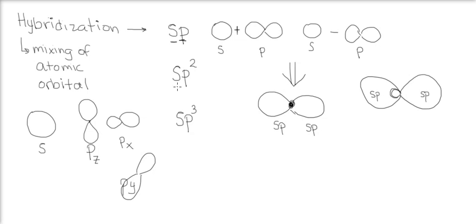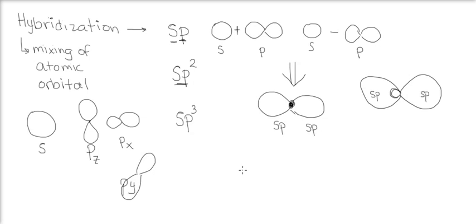With sp2, the difference is that now we're going to be adding an additional p orbital, either the py or the pz. Again, it really does not matter which one you choose. But the point is that when you mix s and p orbitals together to get sp2, we're going to end up with 3 sp2s.